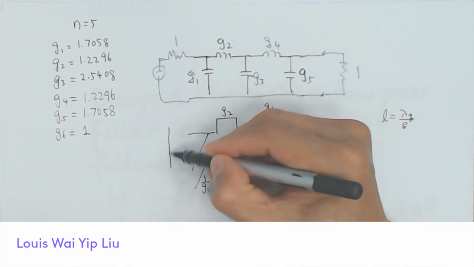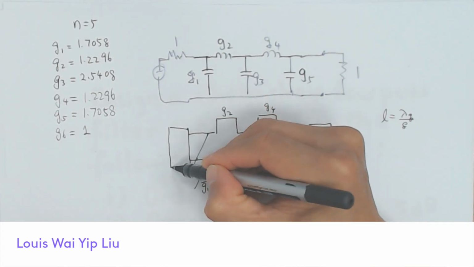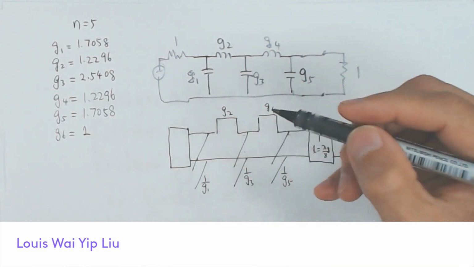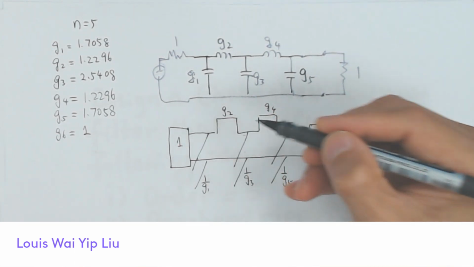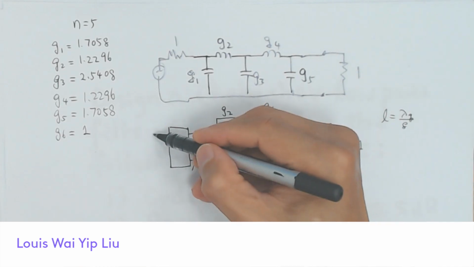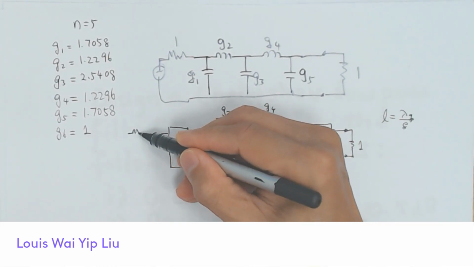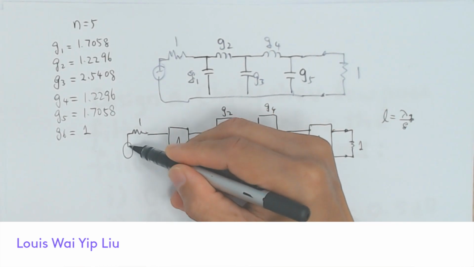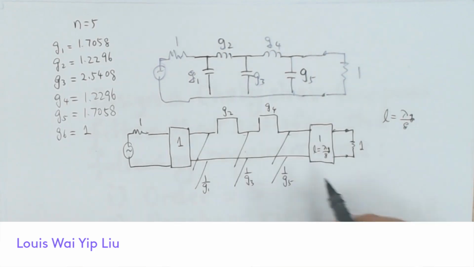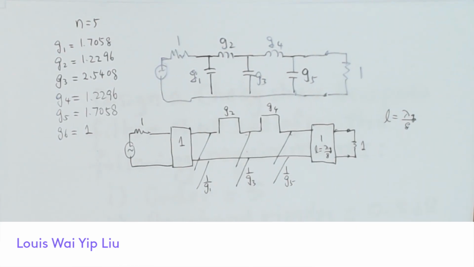And similarly, we are going to do the same here. And the characteristic impedance is 1. And so this is the result after Richards transformation.